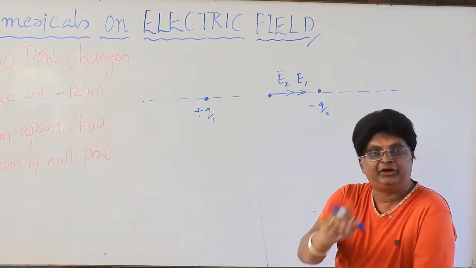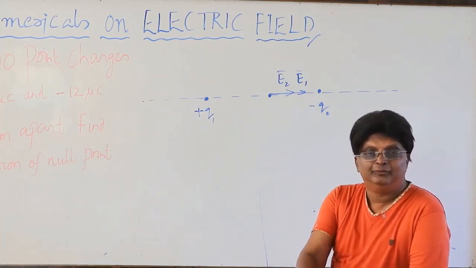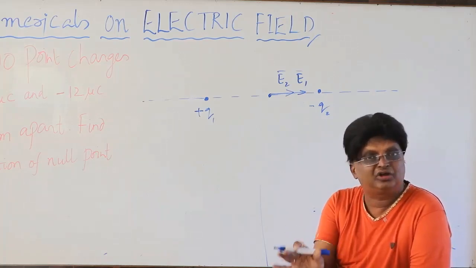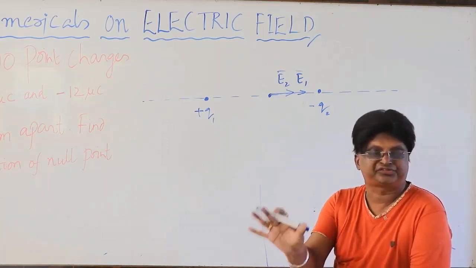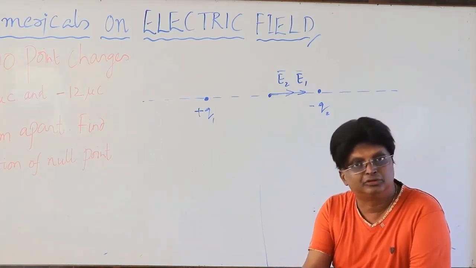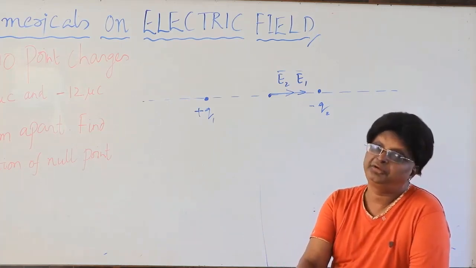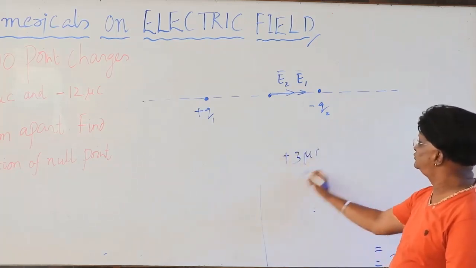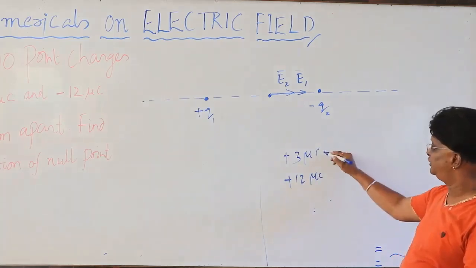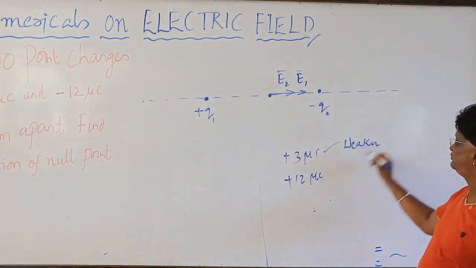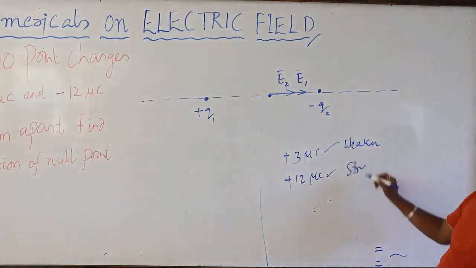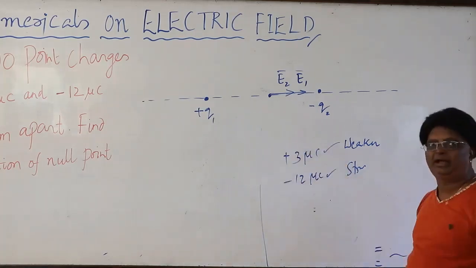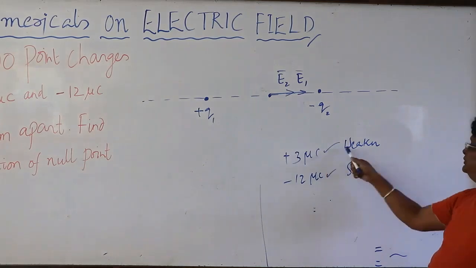For that, the third observation that we did earlier: in the case of a null point, the null point is always closer to the weaker charge. Weaker charge, stronger charge, if I call them, it is closer to the weaker charge. What is meant by weaker charge? The lesser magnitude. Supposing it is plus 3 microcoulomb and plus 12 microcoulomb, we call this weaker and this one stronger. Supposing it is plus 3 and minus 12 as given in our diagram, then also plus 3 microcoulomb is weaker.